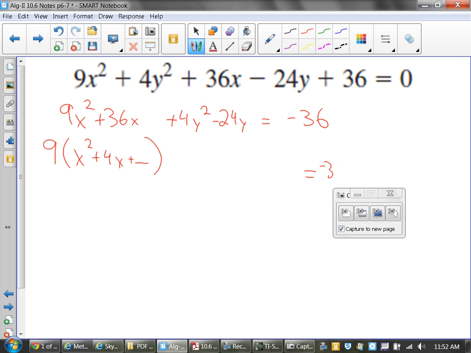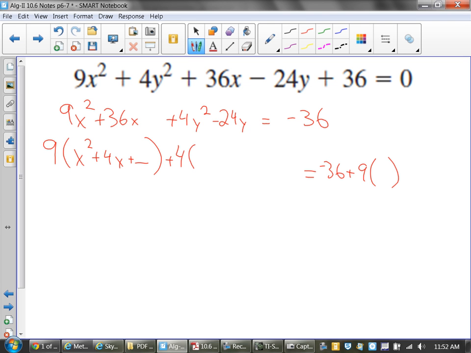So over here I'll have a negative 36 plus 9 times something. Yeah, it's negative 36 because I moved it over. Don't forget the negative signs. The next group, take out the 4. You have y squared minus 6y plus blank. So I have to remember to put in a plus 4 times something.